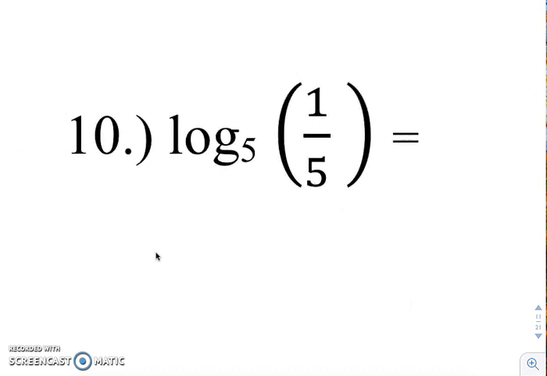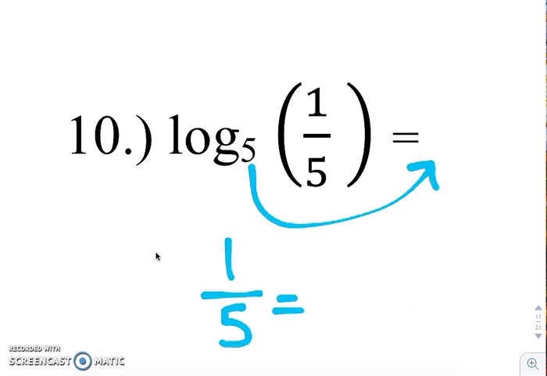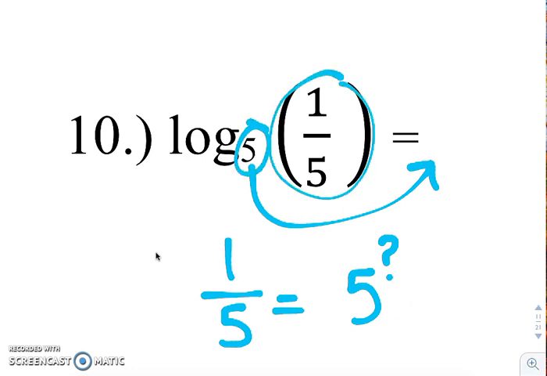Log base 5 of 1/5 equals what? So 1/5 equals 5 to what power? Okay, a whole number, fraction. So I know it's going to have to be a negative value. I just have to figure out what negative value.